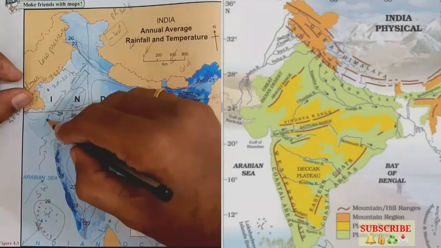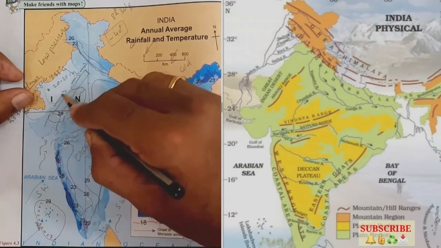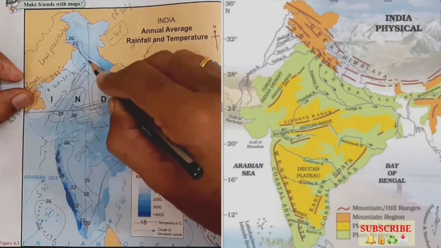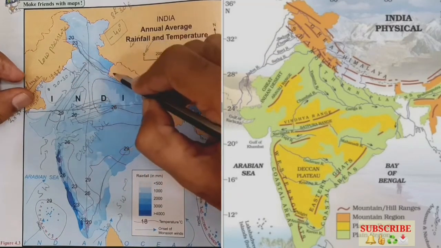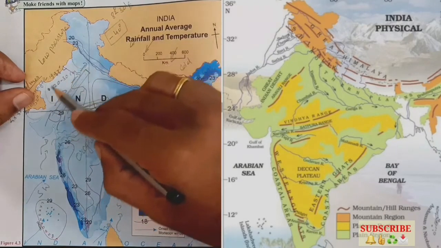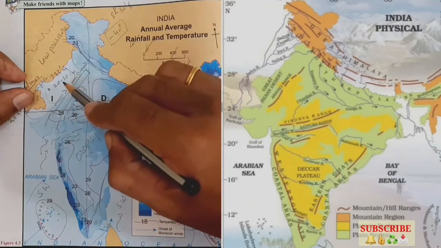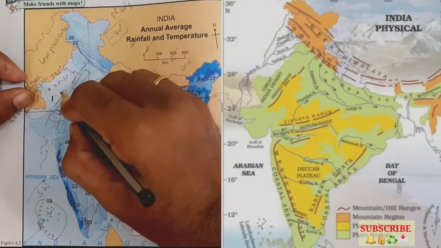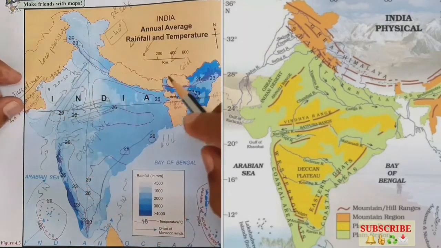So the wind blows directly from the area of Rajasthan and is obstructed here by the Himalaya, the Shivaliks, and here we receive the rainfall. And here no obstruction is there, and because of that we receive very little rainfall, and so this area forms a desert.